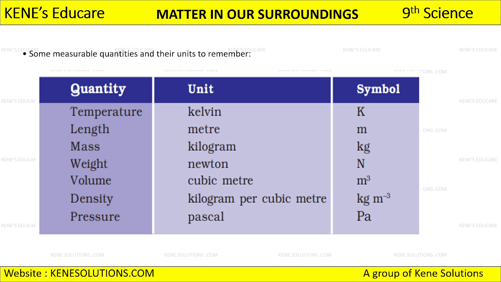Please go through this once very well because you should be knowing this. So here we have some measurable quantities along with the quantity unit and symbol which has been given. I want you all to please go through it once.